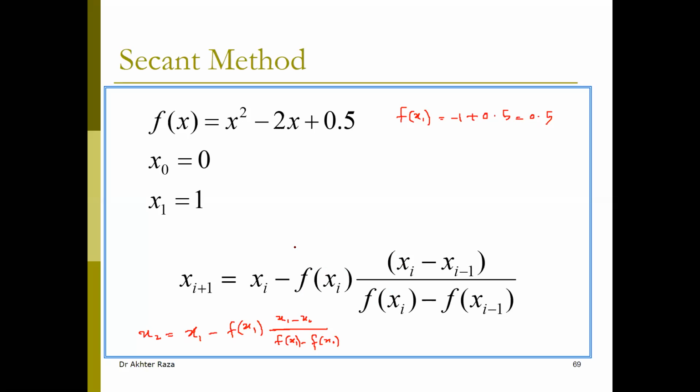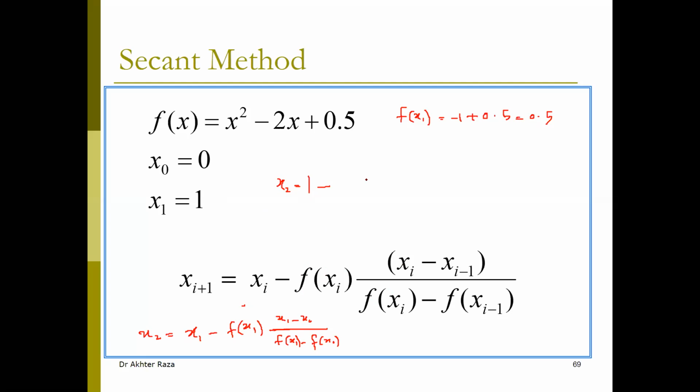So this value is minus 0.5. And now I am just plugging these numbers in so that you can have a clear idea of what the next iteration will be. x2 is equal to x1, the value of x1 is 1, minus the value of f of x1.